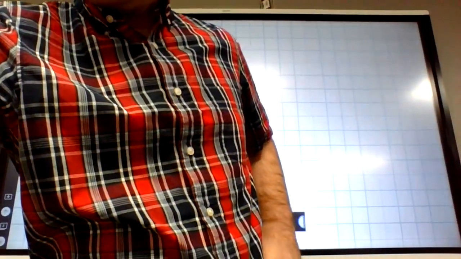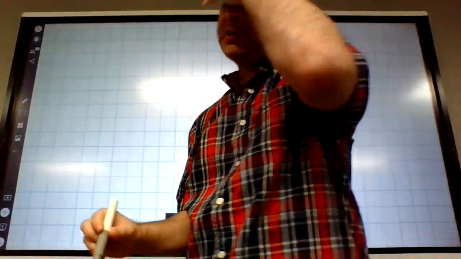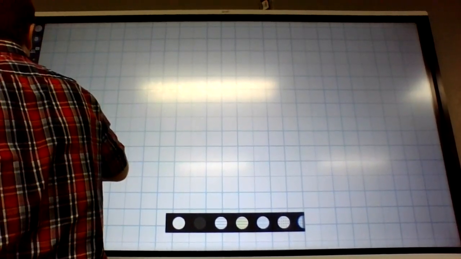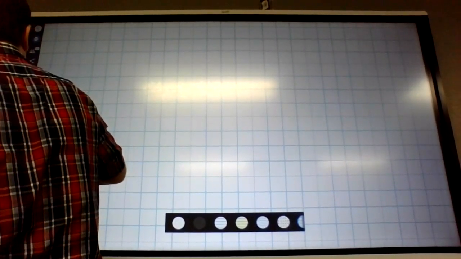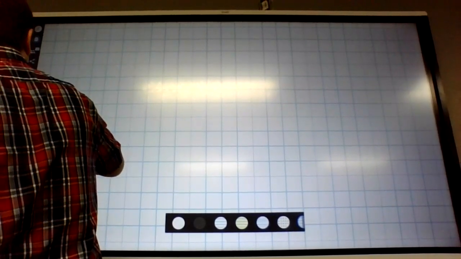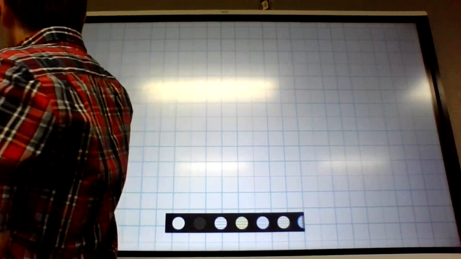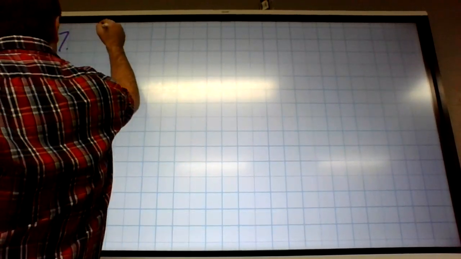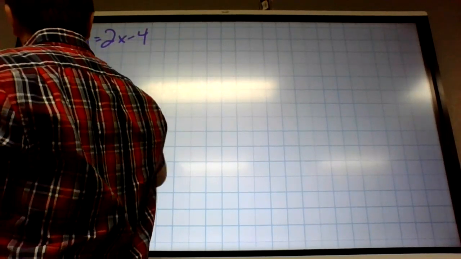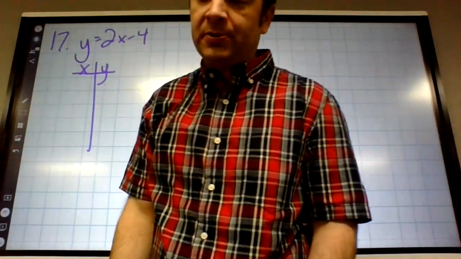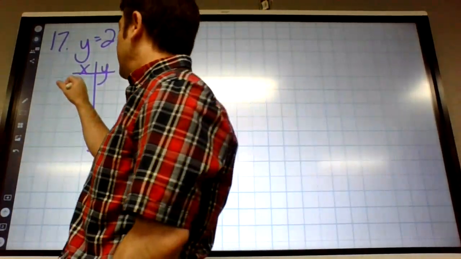All right. y equals 2x minus 4. What color do you guys want? Purple. Let's do purple. Let's see, y equals 2x minus 4. Okay, they do give us a limited domain on this one because they say x equals 0, 2, and 5.